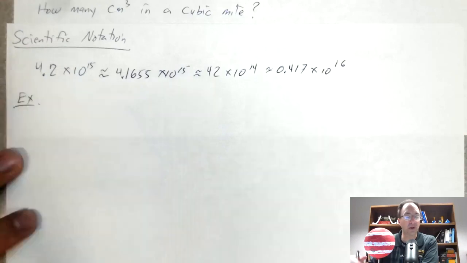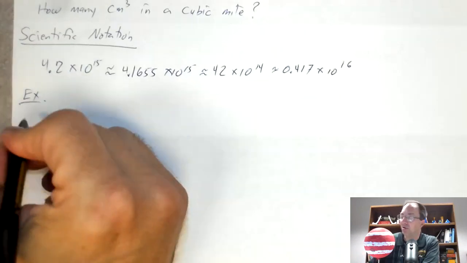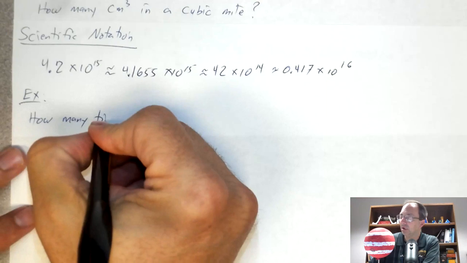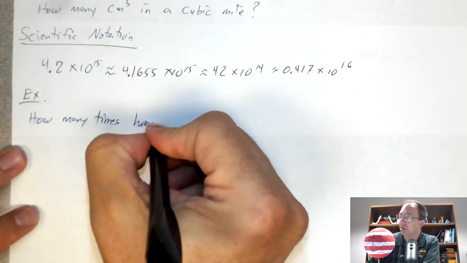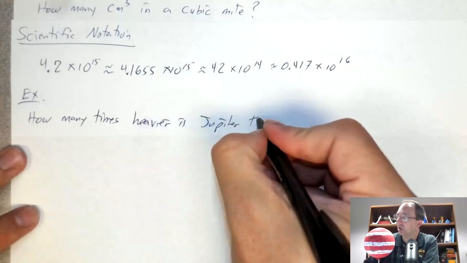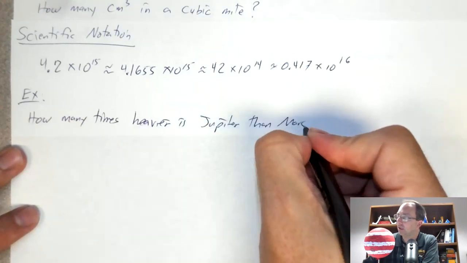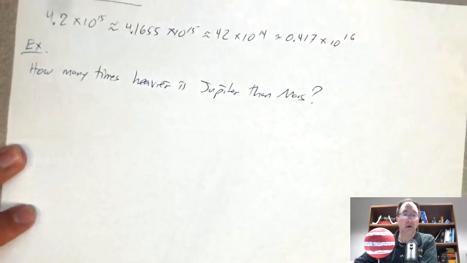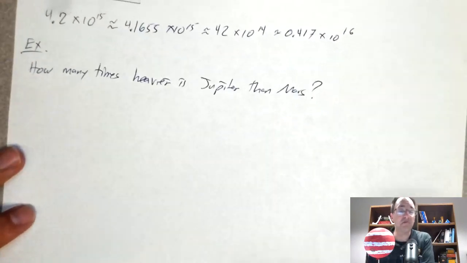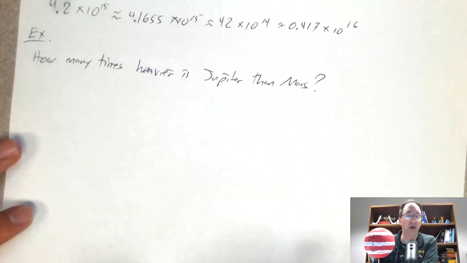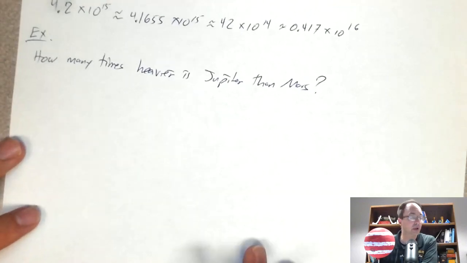So for this example, we're going to go back to Jupiter and Mars, and we want to know how many times heavier is Jupiter than Mars. Now, these are going to be huge numbers, and so immediately just even writing down the weight of Jupiter and Mars is going to be helpful to have scientific notation.